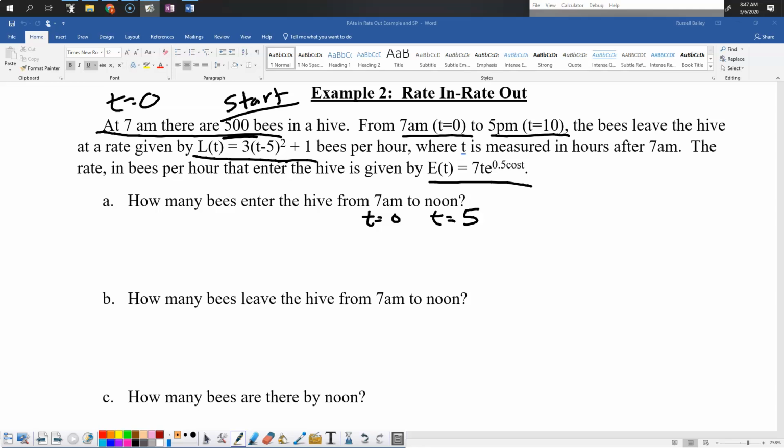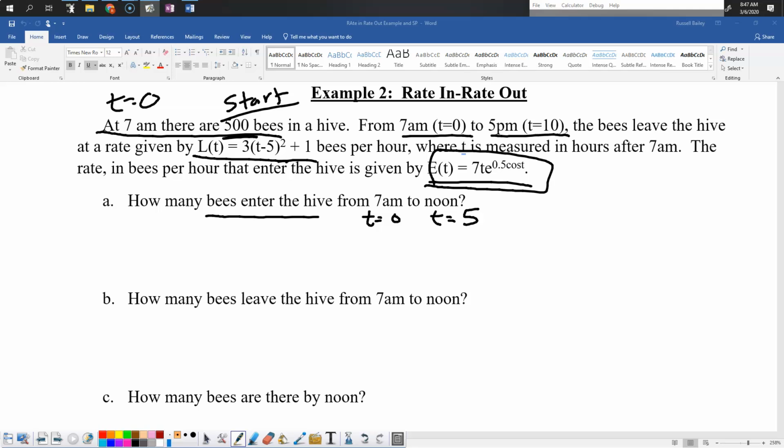So, and as Angie pointed out, if I want to find out the total change that occurred for coming in, which function am I going to use up here? You're going to use the E, the enter. Now this function here only tells you the rate at which they're coming into the hive. It doesn't tell you how many bees have entered the hive.